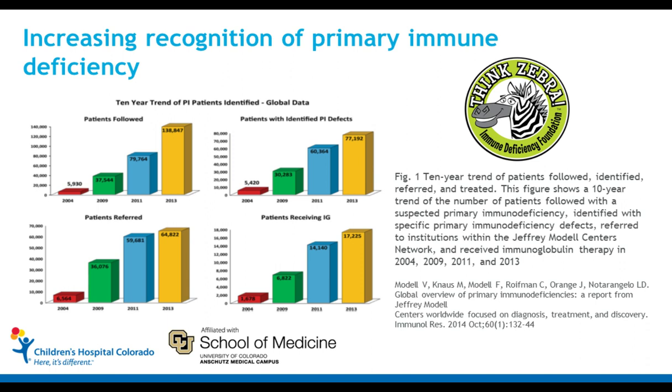So the little cartoon that you see up here on the right that says Think Zebra, which has been used by the Immune Deficiency Foundation, is really to say, formerly in medical school, we're all taught that when you hear hoofbeats, think of horses, or think of the most common clinical condition, the likeliest possibility.